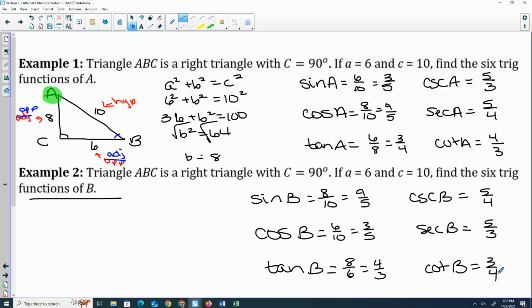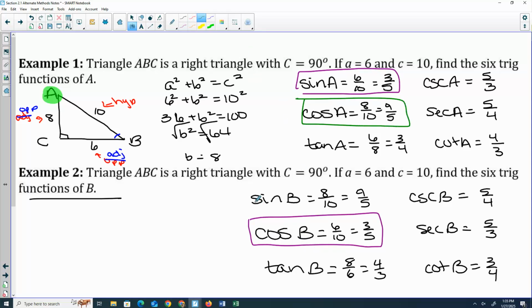Did we get those? So you'll notice some of these things are the same. Sine of A and cosine of B are identical. Cosine of A, sine of B are the same.